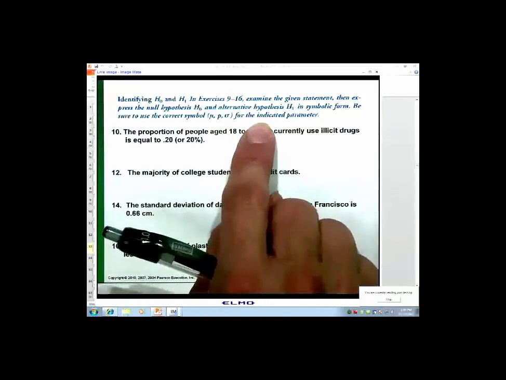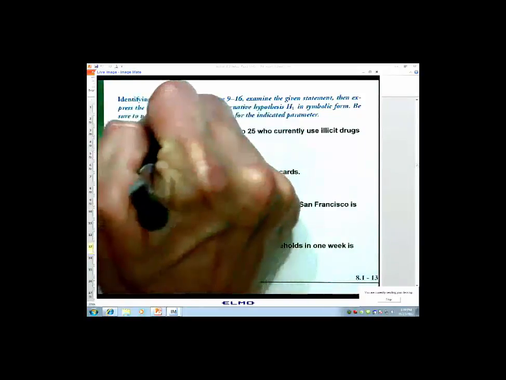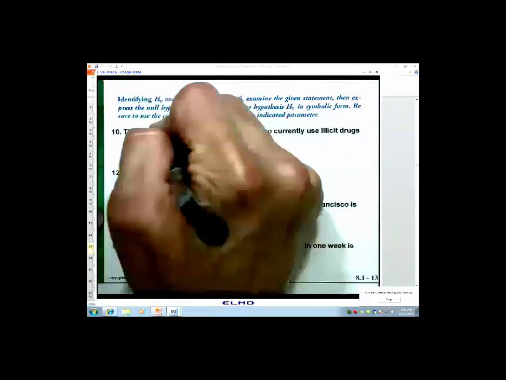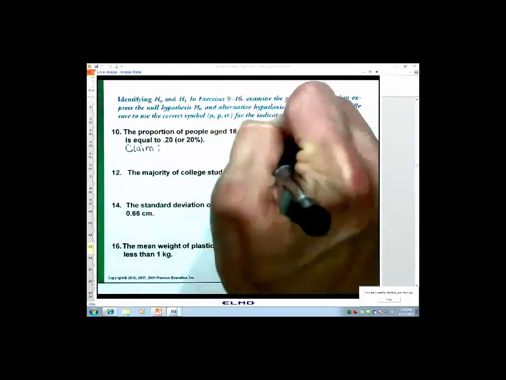For every one of these, don't skip the first two steps. Before you jump in there and say what the null and alternative hypotheses are, you need to write the claim and what makes it false. What is the claim here?